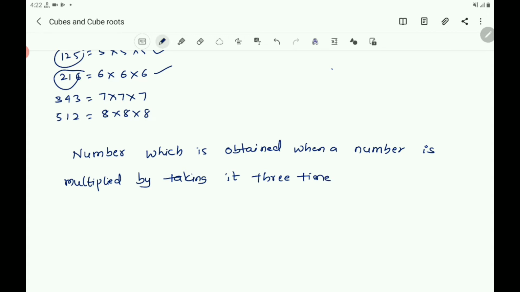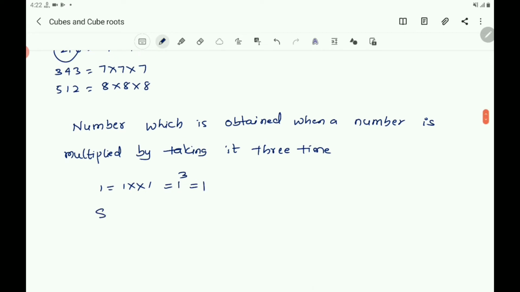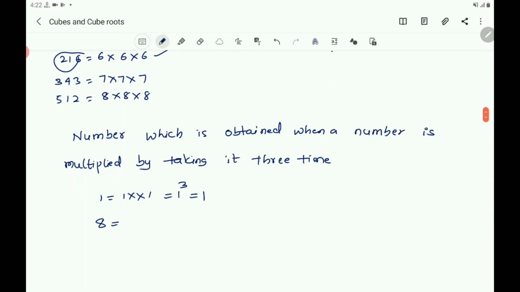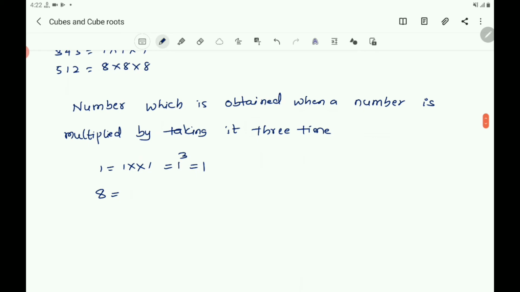So you know that 1 is 1 into 1 into 1. So you can write it as 1 cube. Here 1 cube equals 1. Similarly, 8 is a cube of 2, because 8 can be obtained by multiplying 2 3 times.